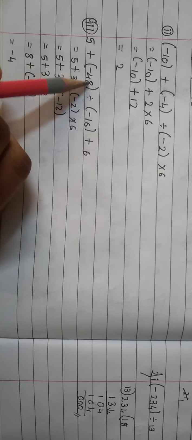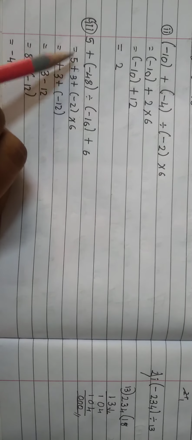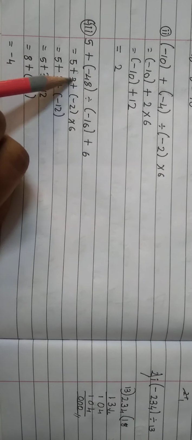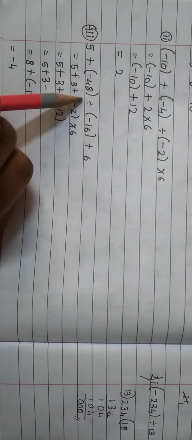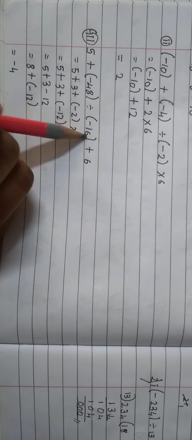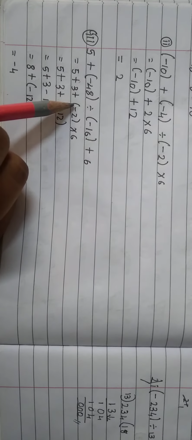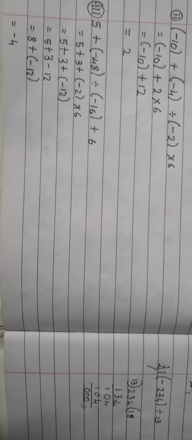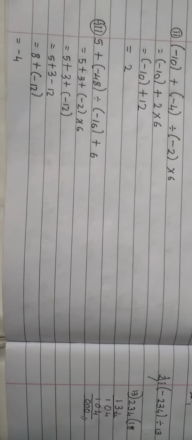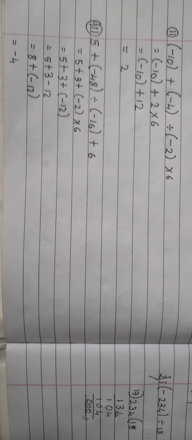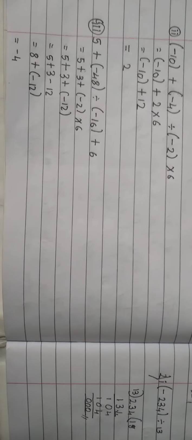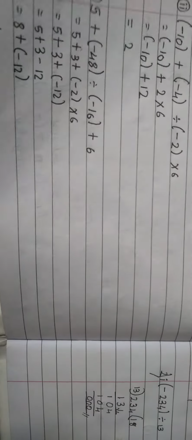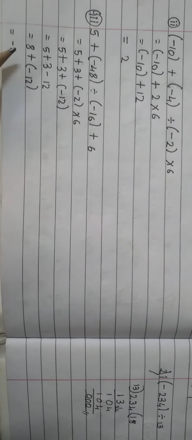So we get the answer 3, and 5 stays as it is. Then it was plus, again given here as plus, so we keep the plus sign, and then minus 2 multiplied by 6.